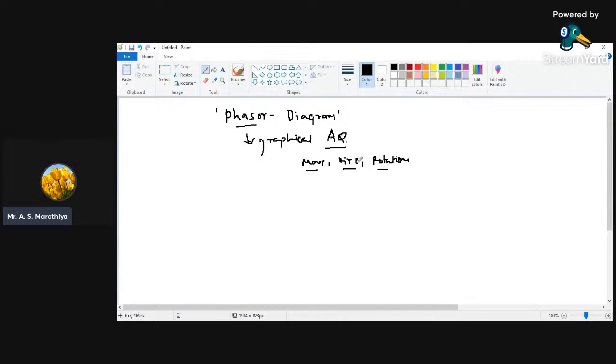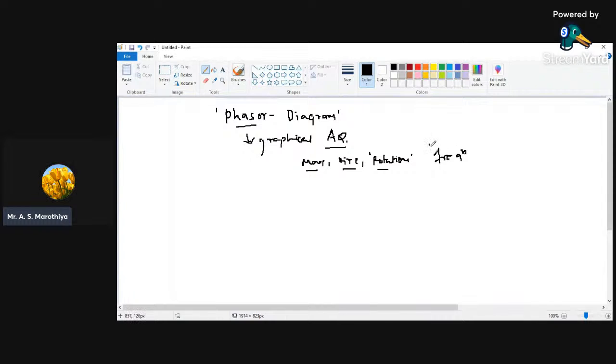Now, when I say that through phasors we can represent the rotation of an alternating quantity, the very next question that will come to our mind is at what rate this phasor is going to rotate. In the last lecture I told you that the sense of rotation and the speed at which the phasor rotates depend upon the frequency of the alternating quantity.